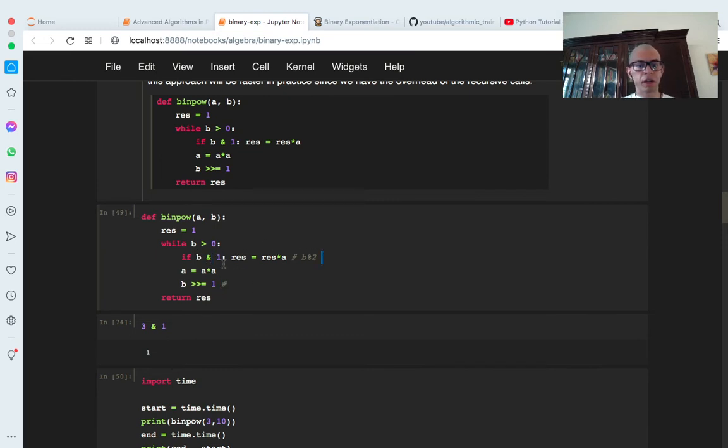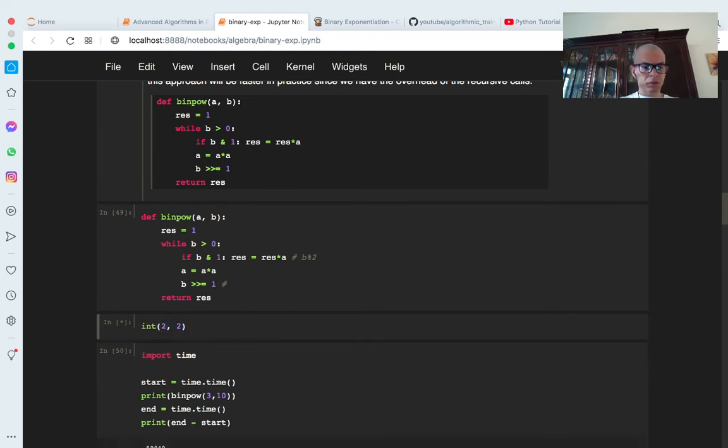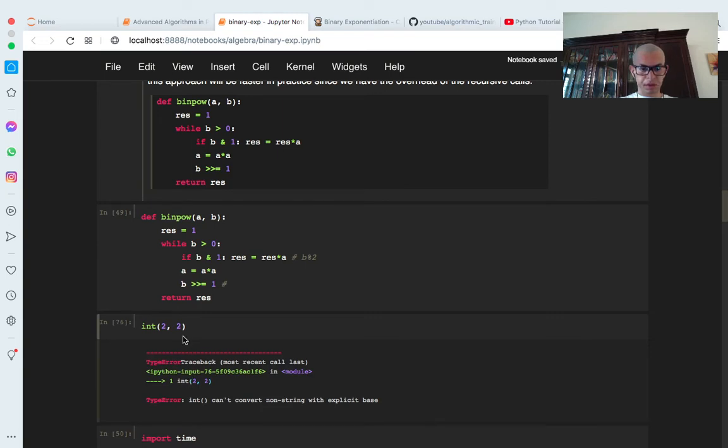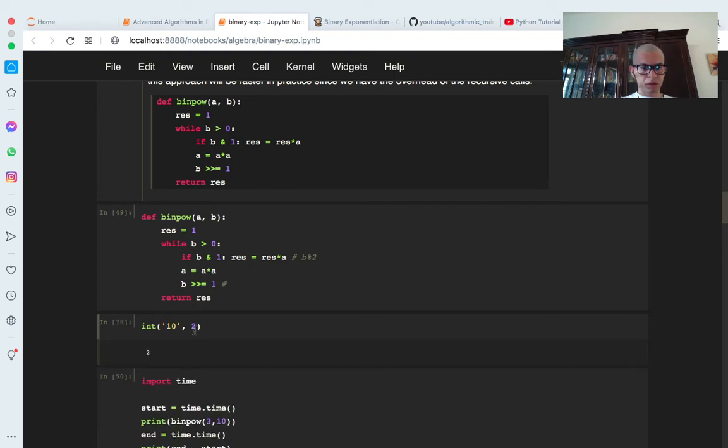So here we used a bitwise operation that is like a modulo. Okay, there is a binary conversion in Python, just to let you know what's happening.